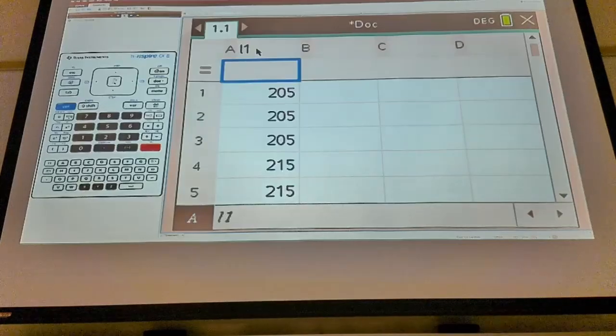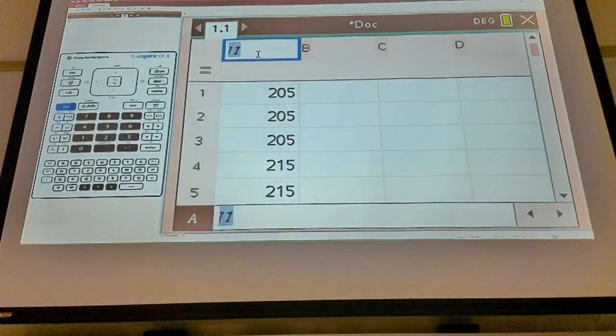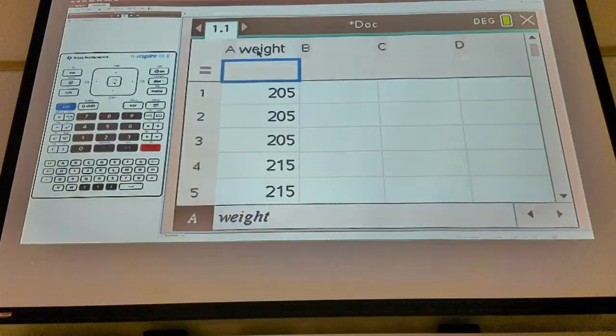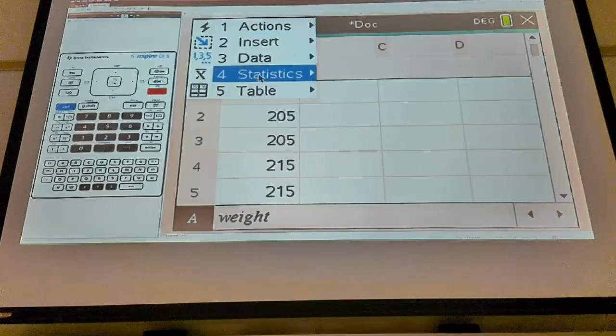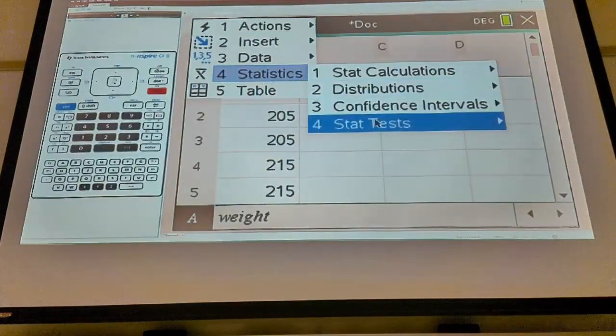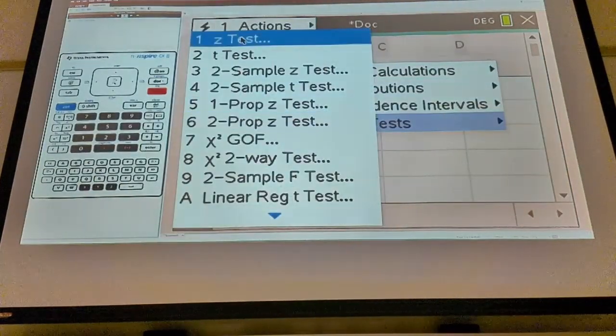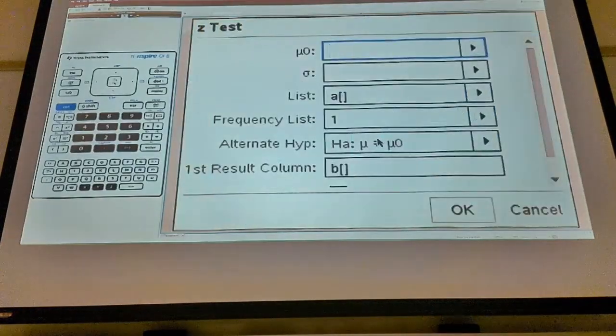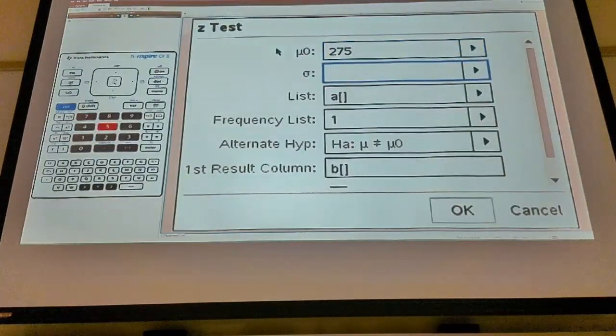I'm going to title that L1. Guess I can title it whatever I want. Menu, statistics, tests, z-test, using data. Mu naught, sigma 55.